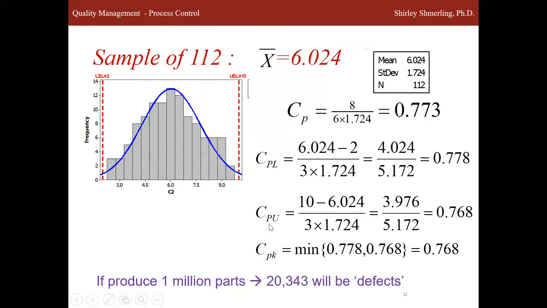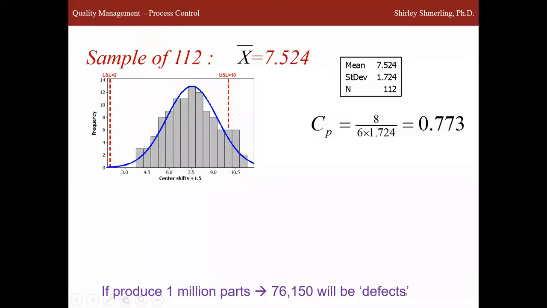And in order to find the CPU, the upper side index, we take the upper specification limit of 10 minus the mean divided by 3 times the standard deviation, and we get this index. The worst case in this case is 0.768. In both cases, they're very close to each other. They're also not very far from the index that is not one-sided, the one that doesn't take into account the mean. And in this case, we already know that the DPMO is about 20,000.